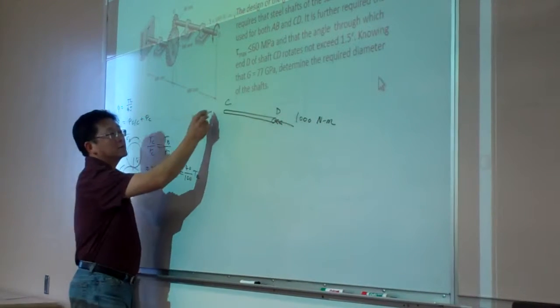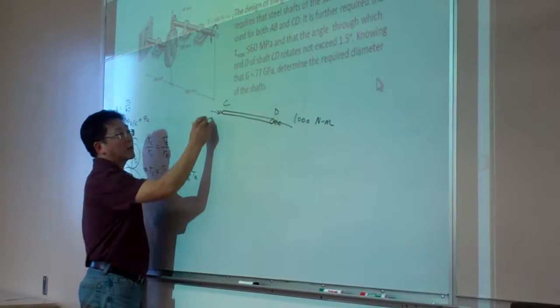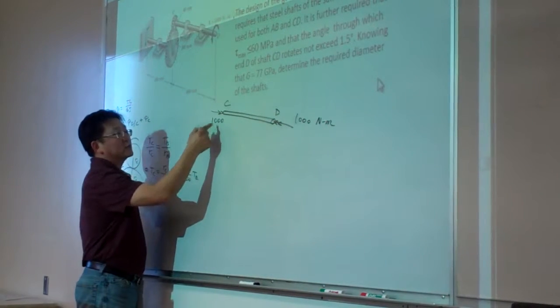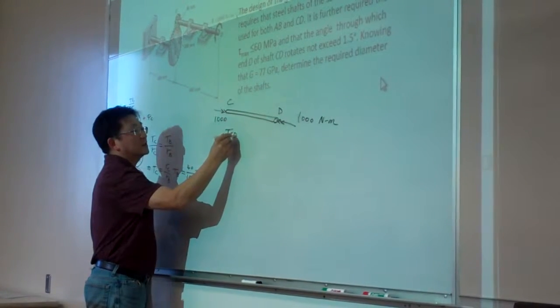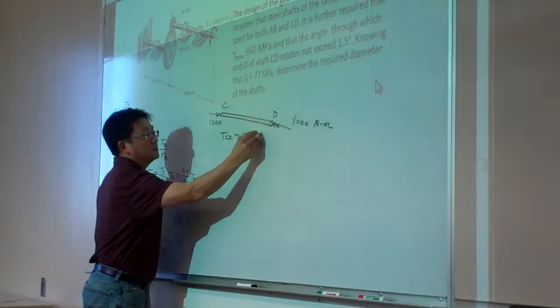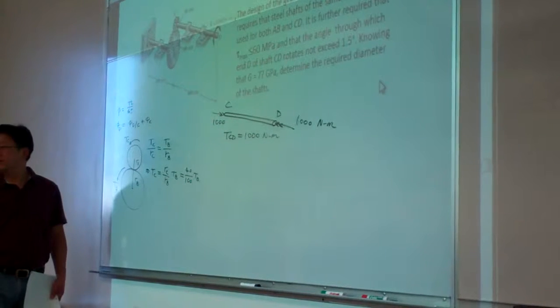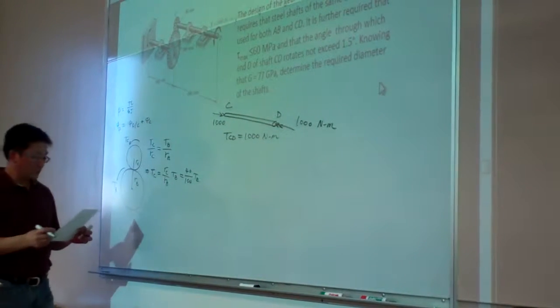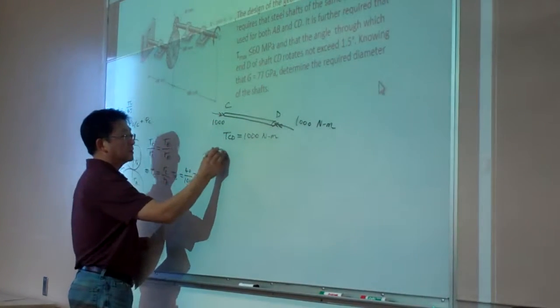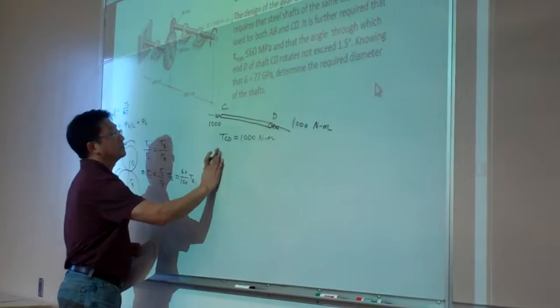So in balance, we must have this, and that is 1000. So basically this value in TCD is 1000 Newton meter.